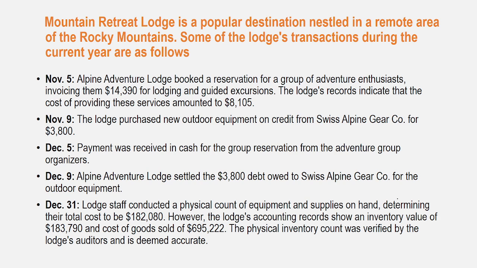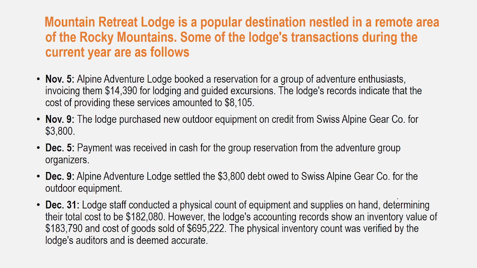In the next economic scenario, on November 9, the lodge purchased new outdoor equipment on credit from the Swiss Alpine Gear Corporation. So the purchase of outdoor equipment takes place, and the purchase amount equals 3,800.